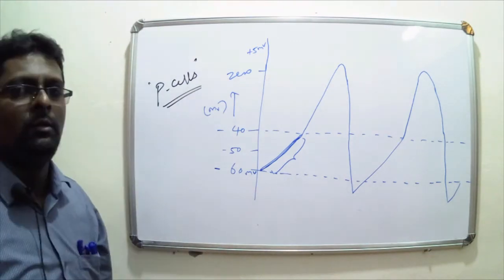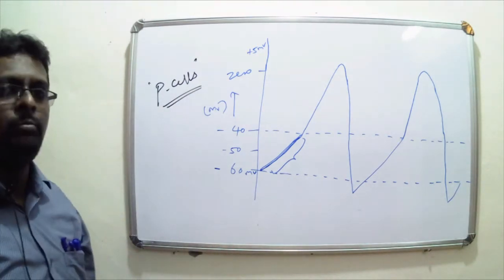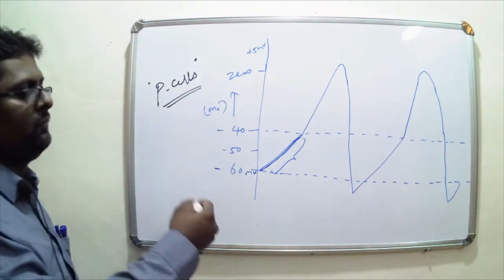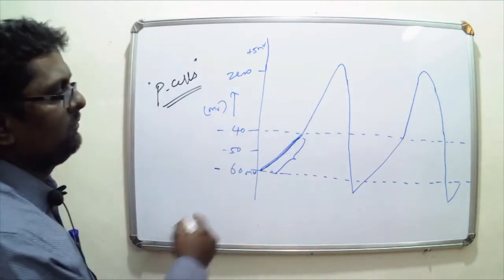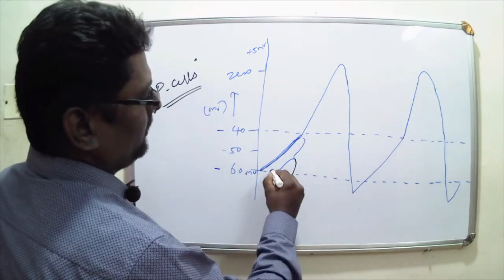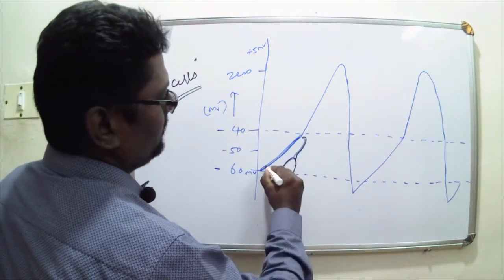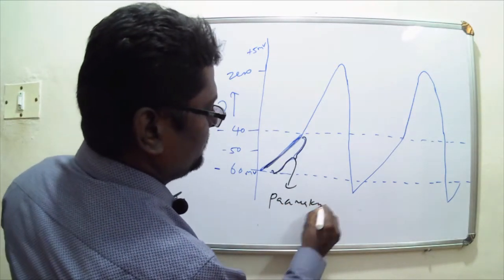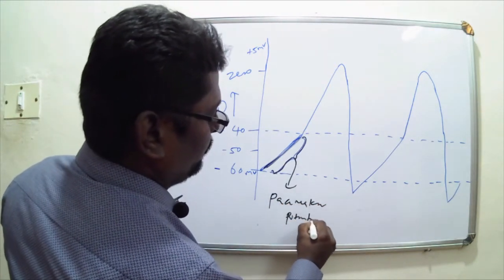Now, when we draw the action potential curve of pacemaker cells, we get a curve having the following parts. This part is called pacemaker potential.